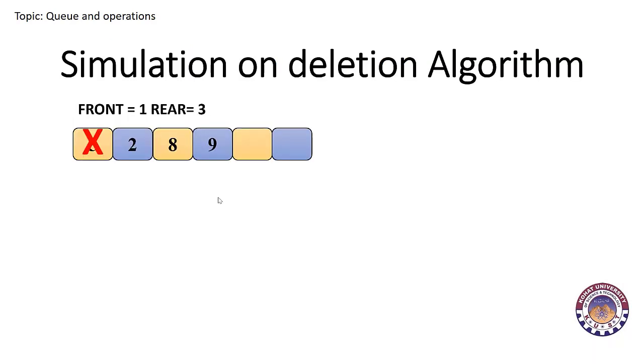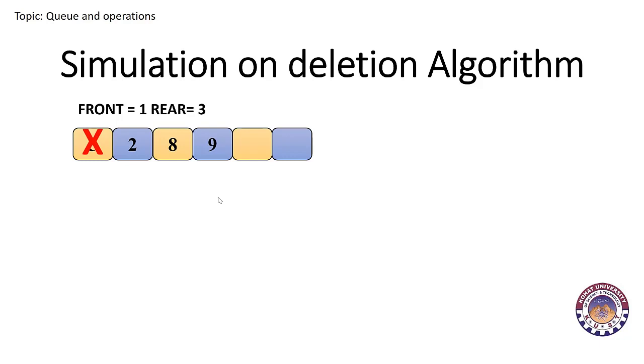Now consider this array where the front value is 1 and the rear value is 3. Here we can see that we have 3 elements in the queue, and if we want to delete again, we have to first of all check the underflow condition. It means if the front and rear value is -1, the queue is empty.